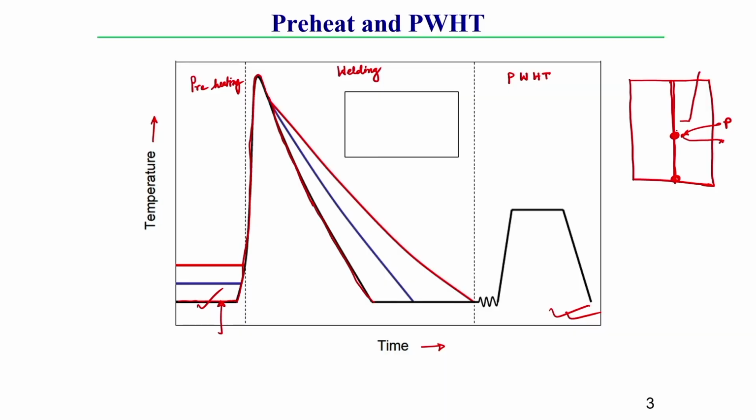Then, once the torch moves away from this zone, this point P starts cooling, and how it cools is also shown. After some time it returns to ambient temperature. Now, I am showing three different curves here. This first curve represents the case where no preheating is done.